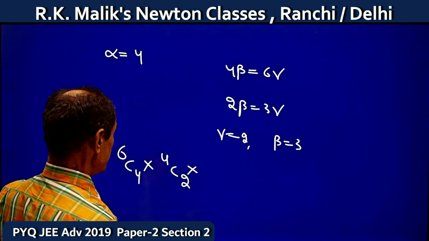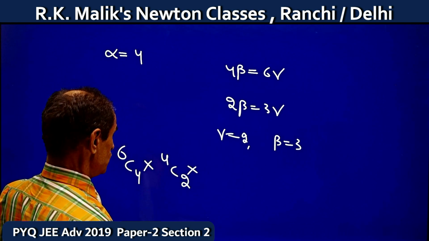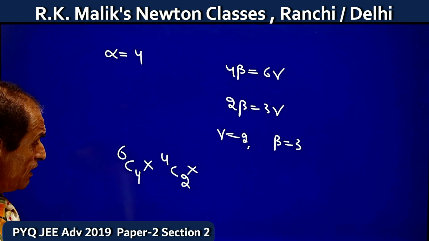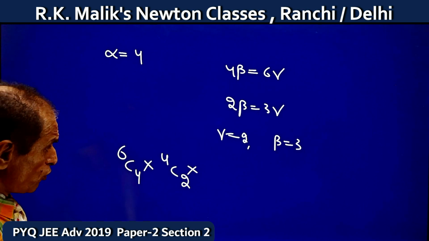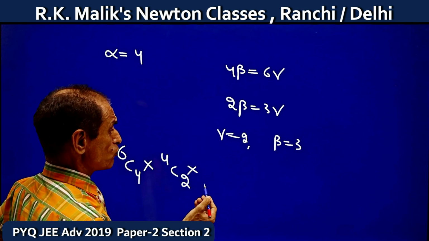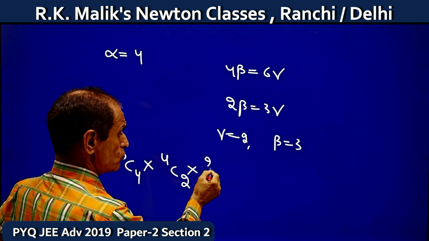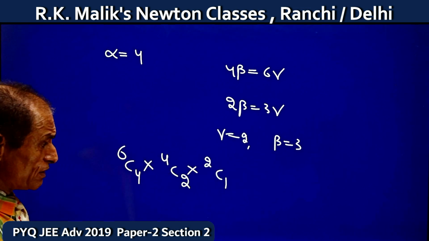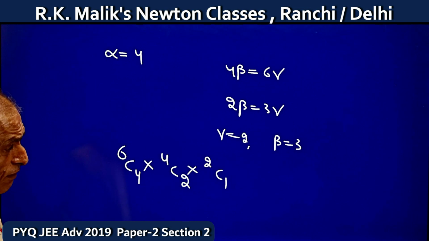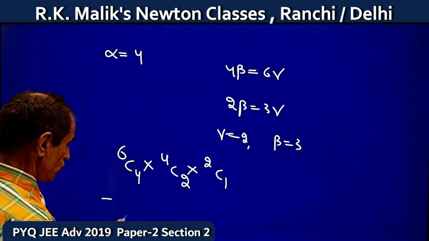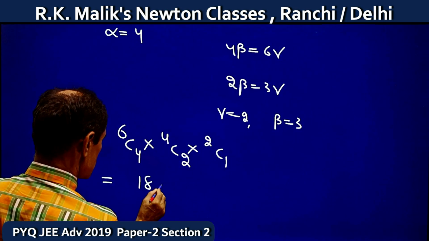And 1 element of set B should be from the elements which are not in A, and because there are 2 elements which are not in A and I want to choose any 1 element out of them, therefore 2C1 is the number of ways in which 1 element can be chosen from the 2 elements which are not in A. This is equal to 180.